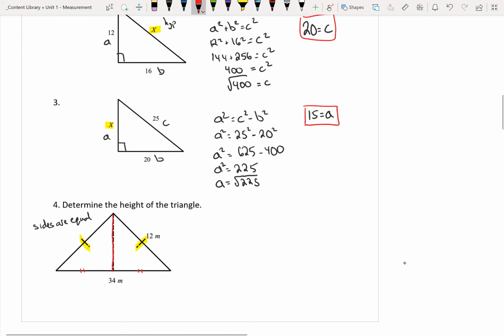So 34 divided by 2 is 17. So that means that this side length is 17. And now I'm looking for the height of this triangle.